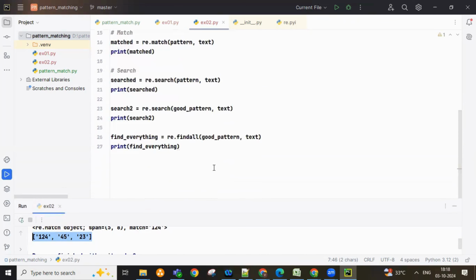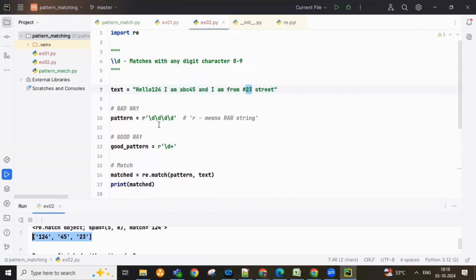Right. Now, is that concept clear when you use slash d? Slash d matches with the digit character. Is that clear, guys? Okay. And even for example, let's say sometimes we need to find a digit character. Let me give some other pattern so that it will be easier for you. This is one example.